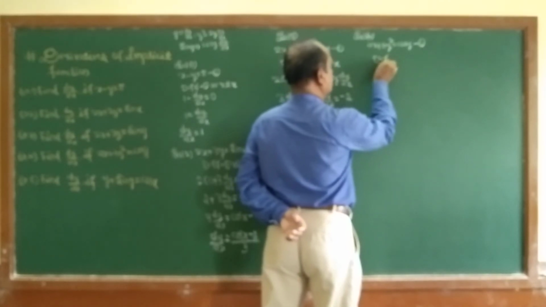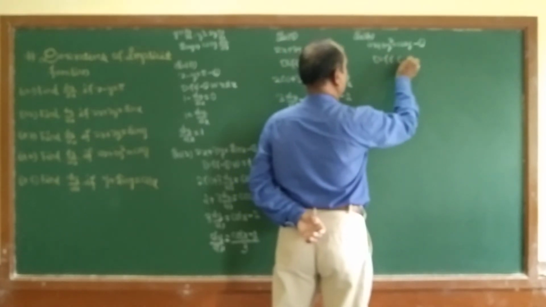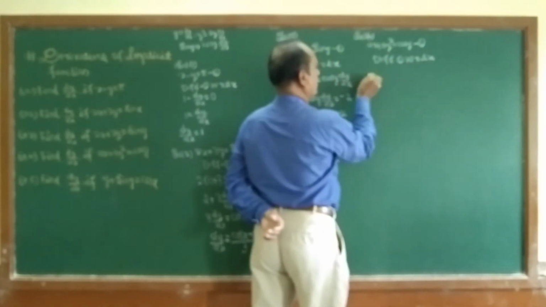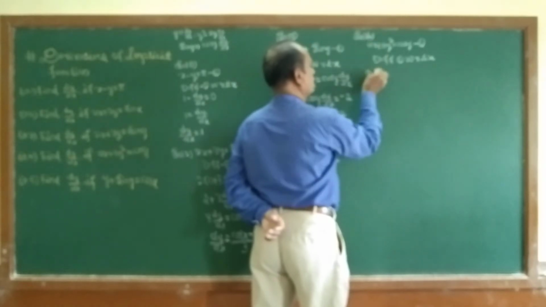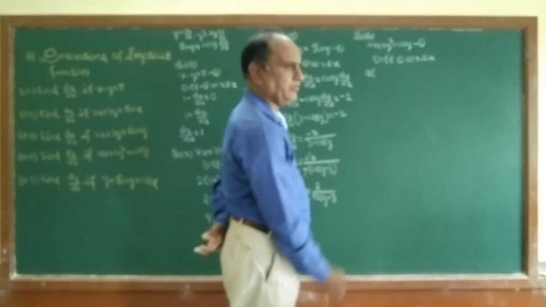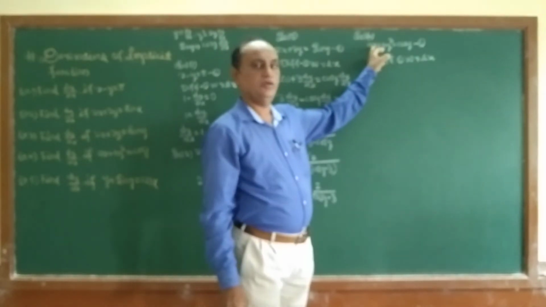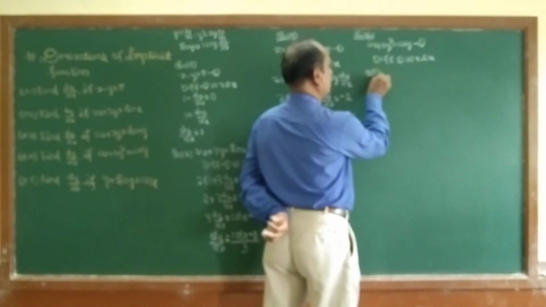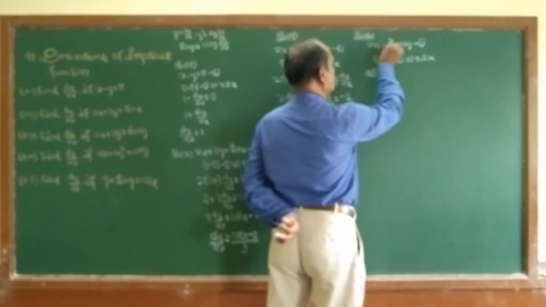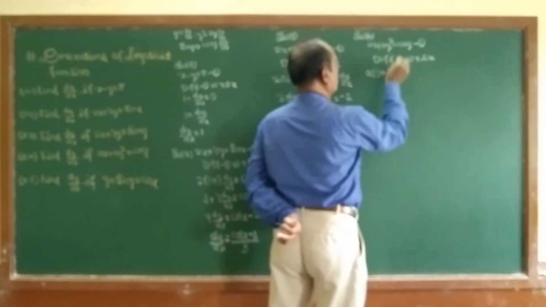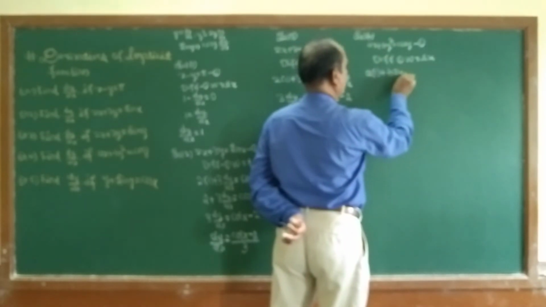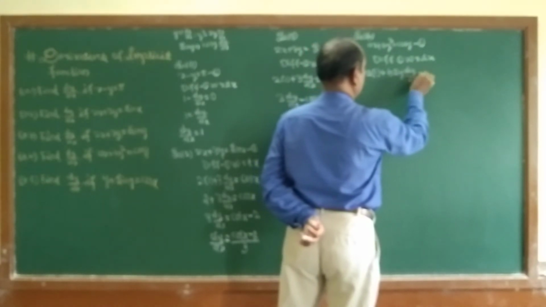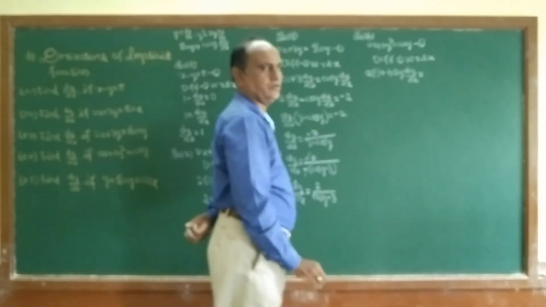Write a as it is, constant into function, derivative of x is simply 1. Next, write b as it is, derivative of y square is 2y, and the derivative of y, dy by dx, is equal to the derivative of cos y.